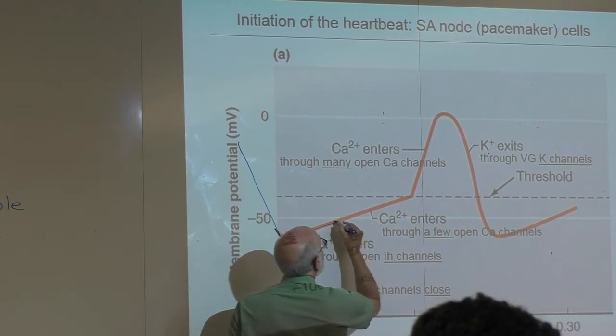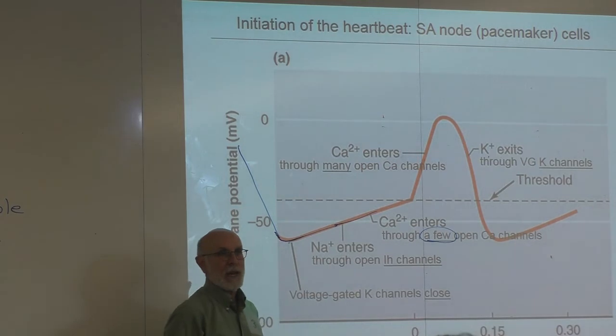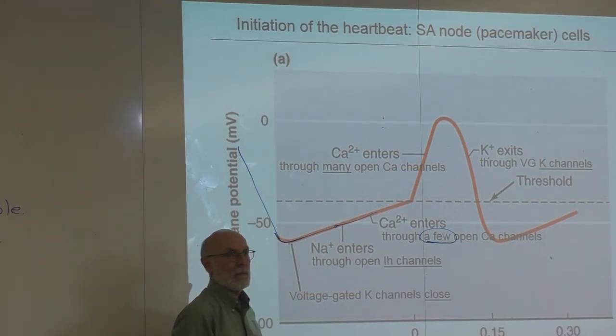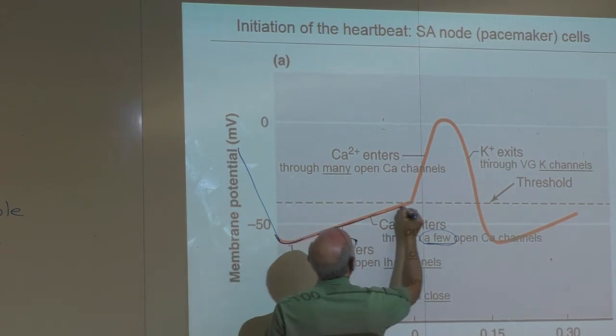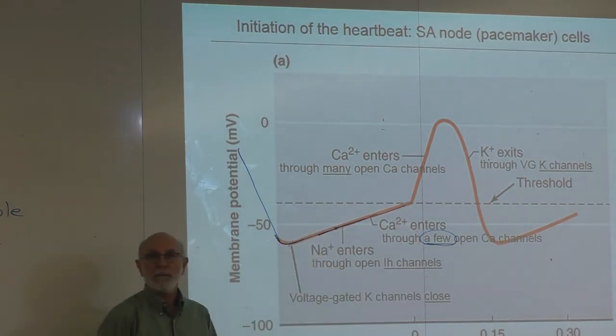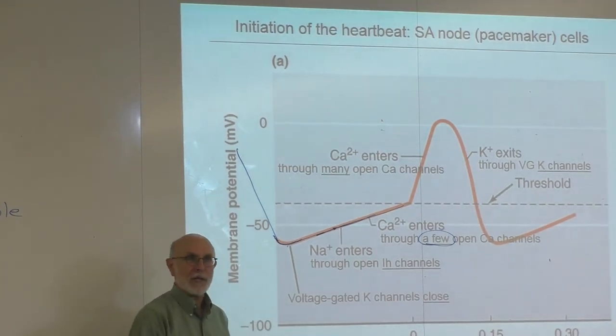This slow depolarization opens a few voltage-gated calcium channels. So that helps maintain the depolarization because calcium flows in. Calcium's a cation, flows in, depolarization.